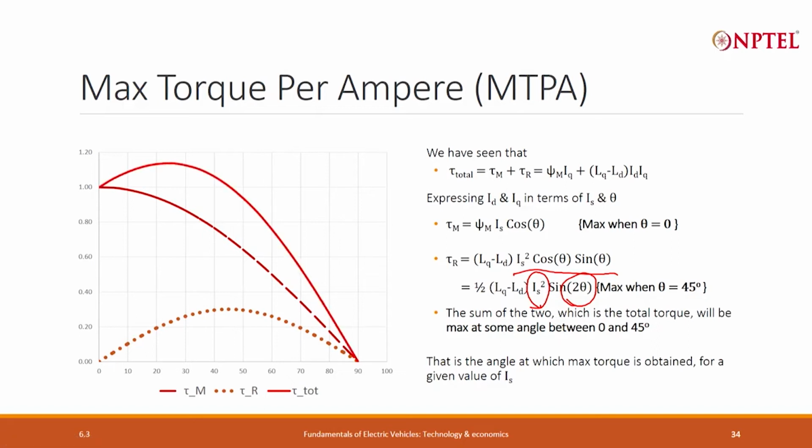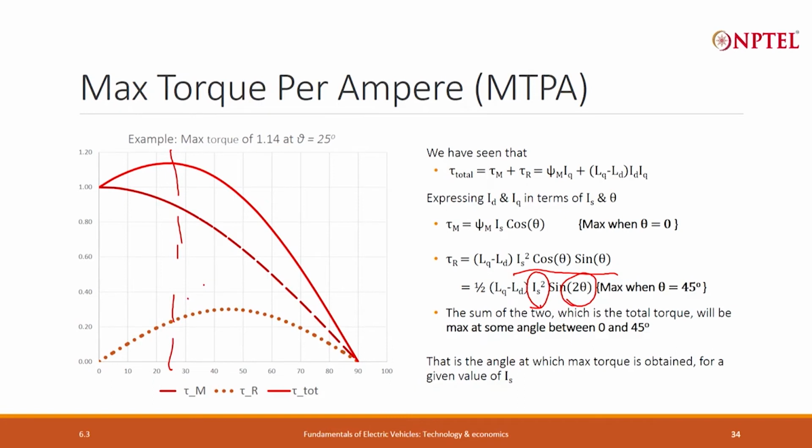In this particular case, this is what the shape looks like, and if I see where this peak is coming, I have drawn it very badly, but it is coming at about 25 degrees. This is where it will go, and that maximum torque has a value of 1.14.